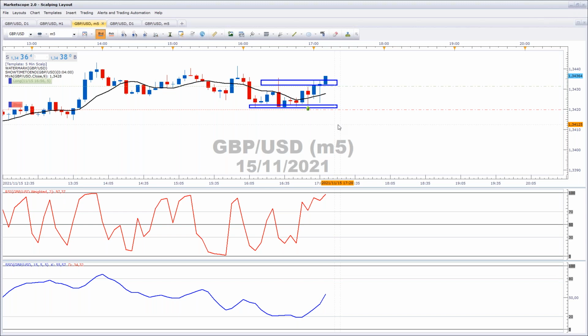Okay, so the British action's picking up here, and I think it's the market discounting, in my opinion, a probable rate hike in December as opposed to February.